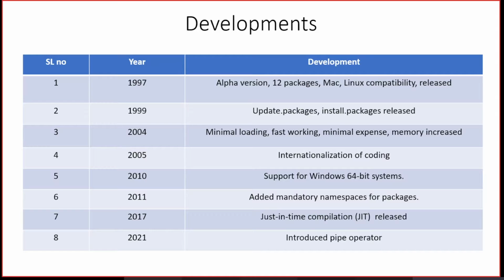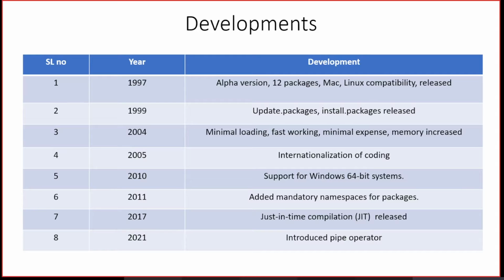In the same year, 1997, they made it compatible with Mac, Linux, and others. But they had given some packages, yet they were unable to update or install, or to do some other specific tasks.